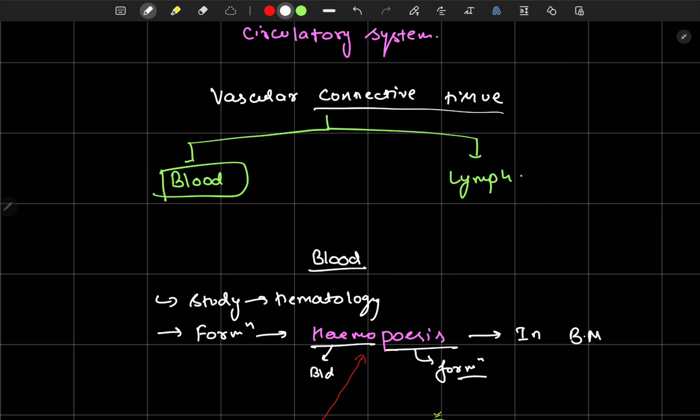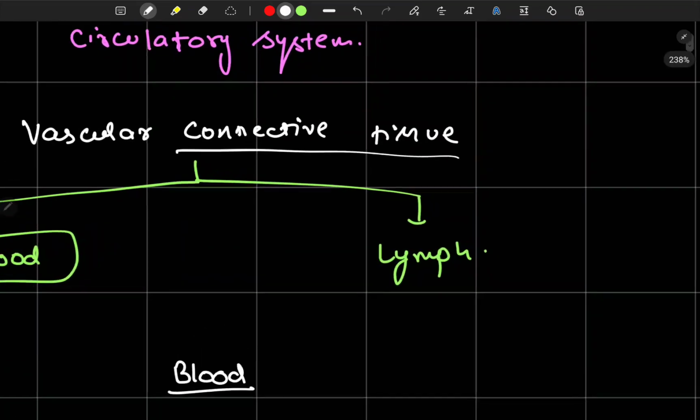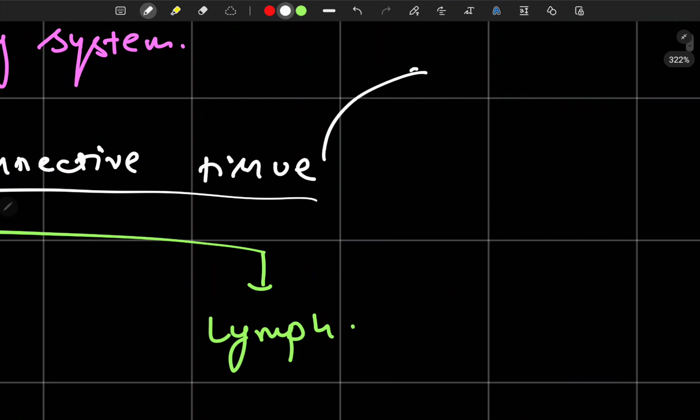It is a false connective tissue because any connective tissue has certain characteristics which must be present to be termed a true connective tissue, but blood lacks all these characteristics. That's why blood is referred to as a false connective tissue. So what are the characteristics of true connective tissue?